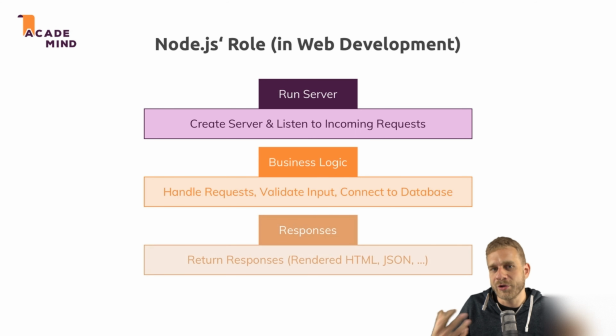You will also learn how to use Node.js to send back data to your clients, be that HTML pages with dynamic content, or data only in the format of JSON or XML or even files. So this is what we use Node.js for and what we will dive heavily into in this course.